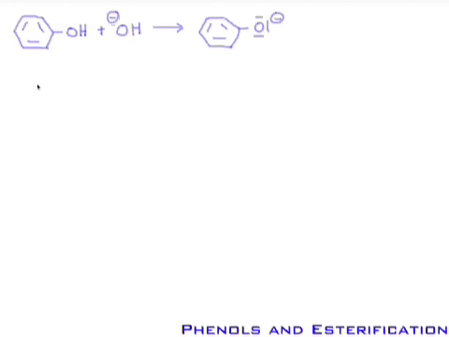Now, the phenoxide anion can be used to react with a molecule like RX to do substitution reactions and produce ethers.